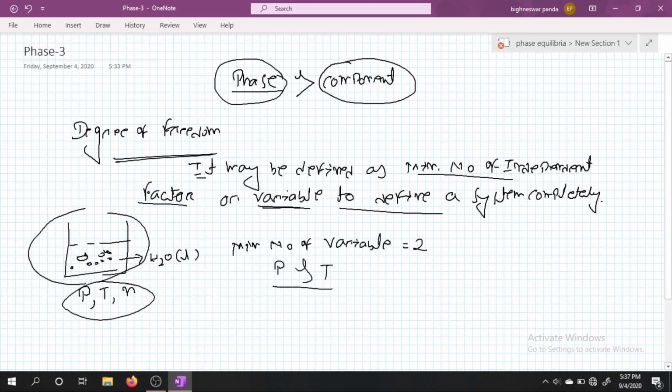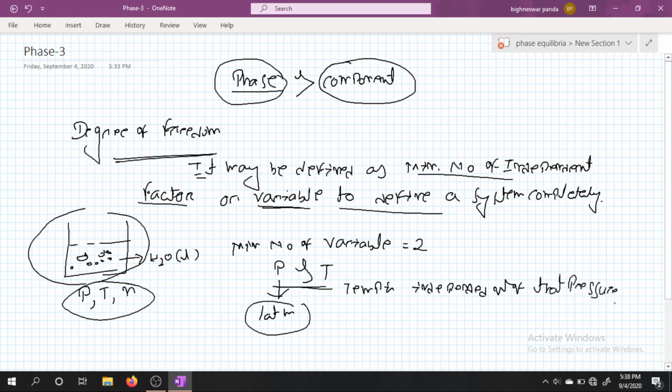Why is the minimum number of variables equal to 2? That means if I put pressure constant, that is 1 atm, temperature is independent of that pressure.